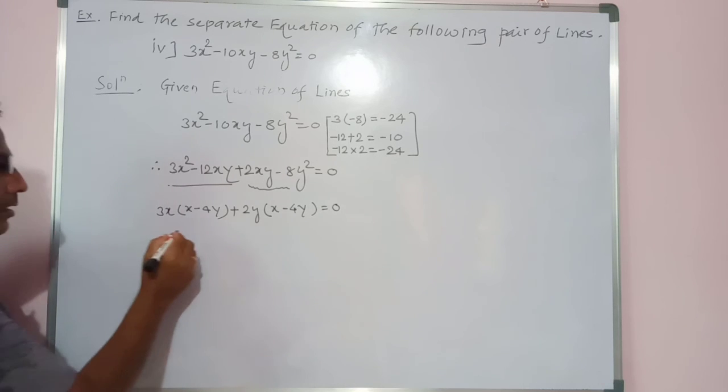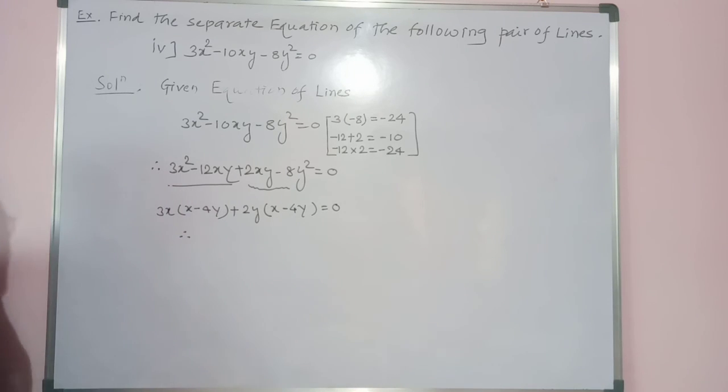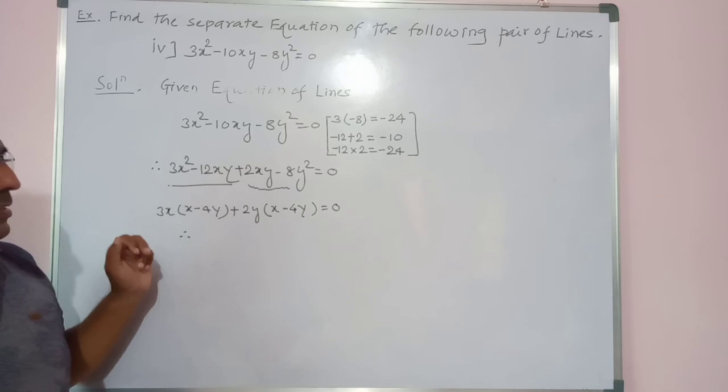Therefore, the two brackets x − 4y and x − 4y are the same.